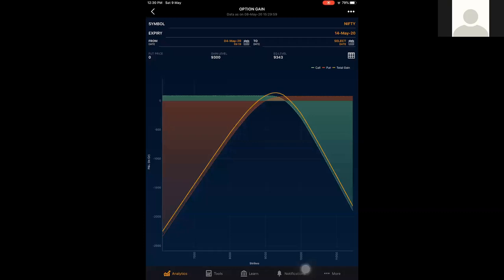So the gain takes in the open interest as well as the premium. Both of them taken together will give you the point. Okay, so for max gain, the word gain comes from the writer's perspective. It is the point where the writers are making the best money.